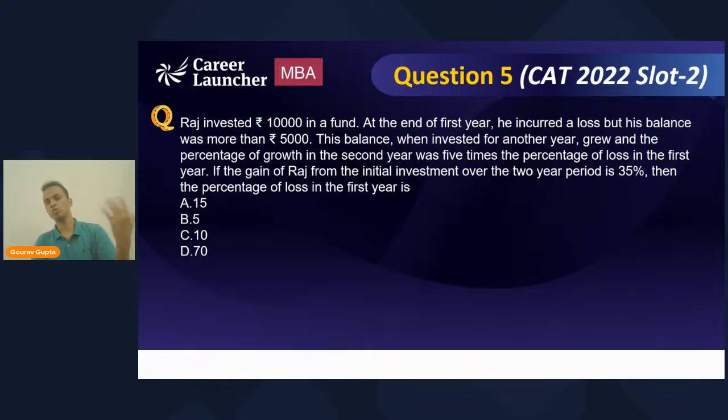So whatever percentage loss was there in the first year, in the second year there is a profit of 5 times as compared to the loss percentage of the previous year. Now, if the gain of Raj from the initial investment over the 2 year period is 35 percentage, then you'll have to find out the percentage lost in the first year.